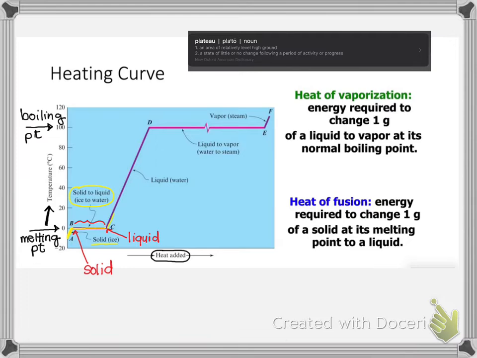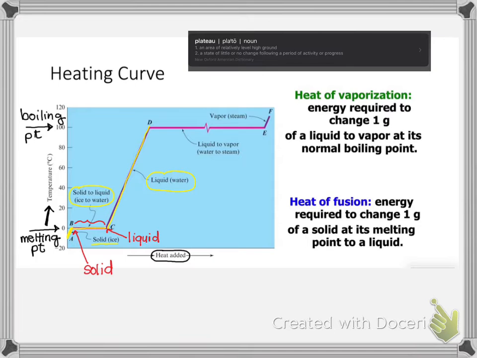So between C and D, what it shows is an increase in temperature as we add heat. And at this point, it's all liquid. So in my imagination, this is where we have the water, we have it on the hot plate. You could even have a thermometer in it, and you're adding heat, and we just are watching the temperature go up.